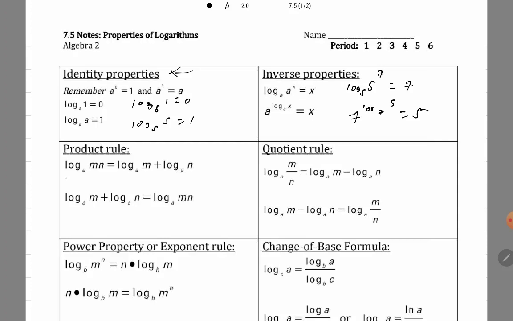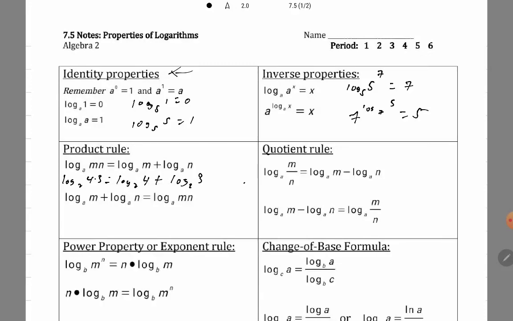So for example, if I have log base 2 of 4 times 3, that is equal to the log base 2 of 4 plus the log base 2 of 3. So when we have two numbers being multiplied, we can split it into two logs being added together.